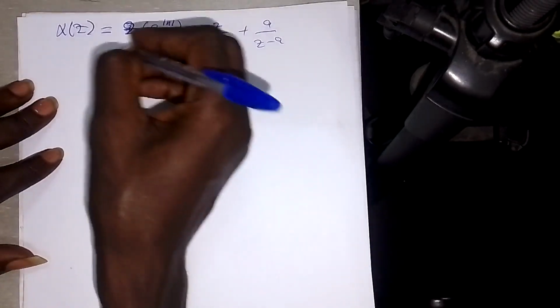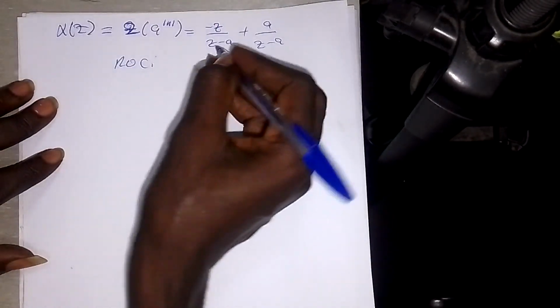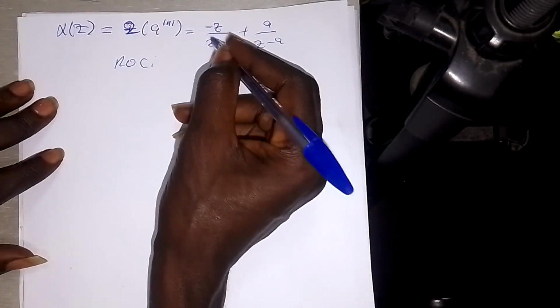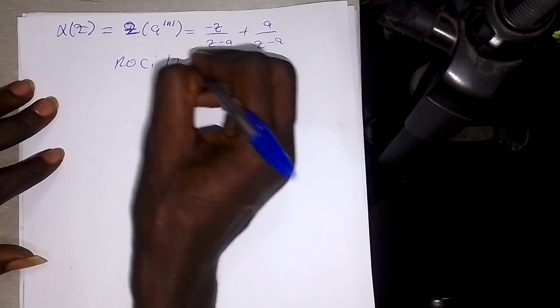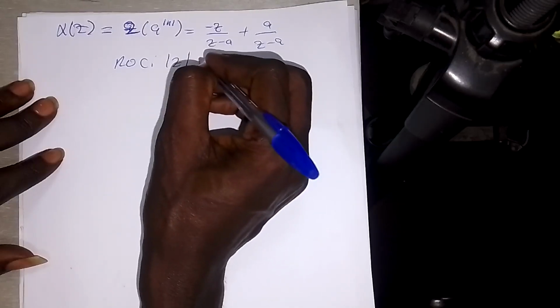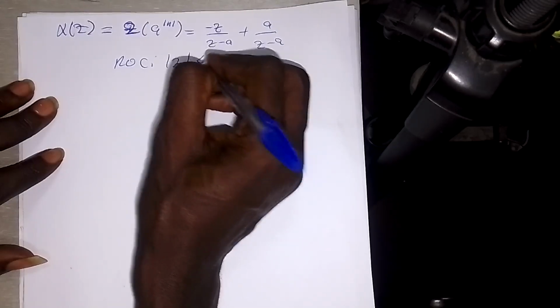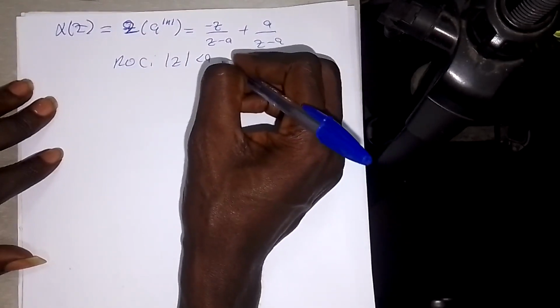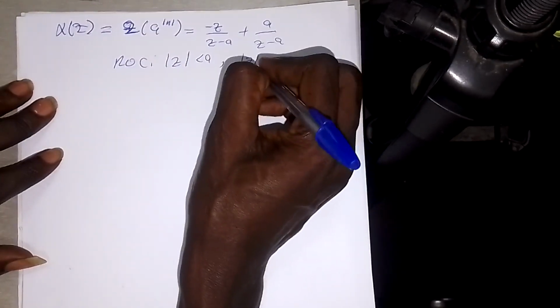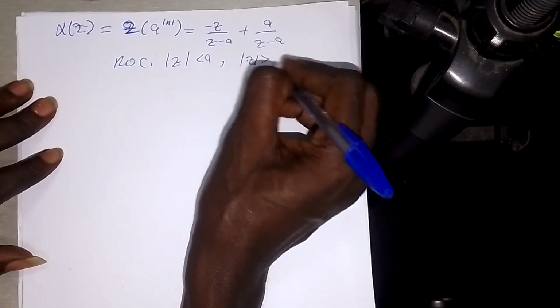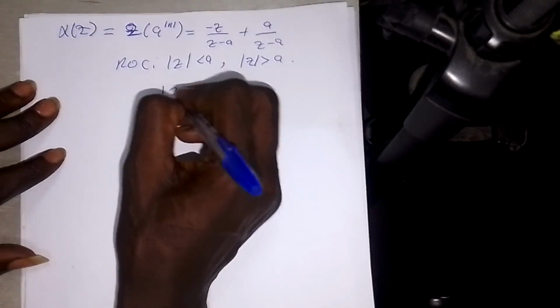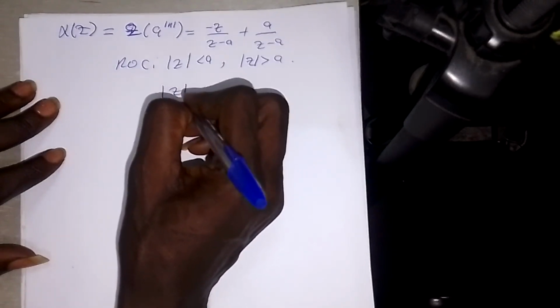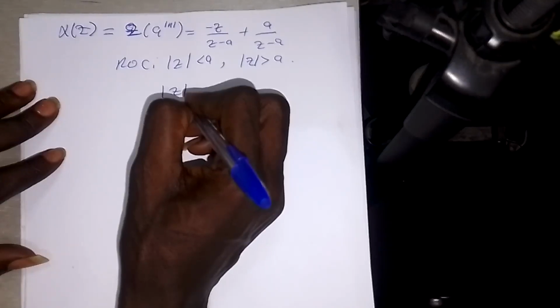And for my ROCs, for the first part, my ROC was |z| less than |a|, and for this particular part, I had |z| greater than |a|.